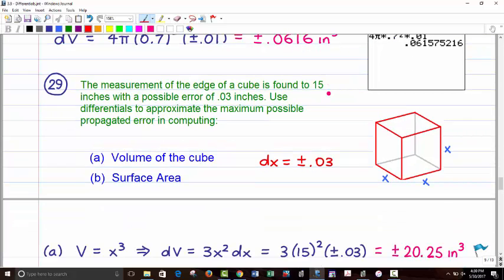All right, we're measuring the edge of a cube, 15 inches. Now we're saying perhaps our measuring device could be off by plus or minus 0.03 inches. So we're allowing for that to be a little bit off.